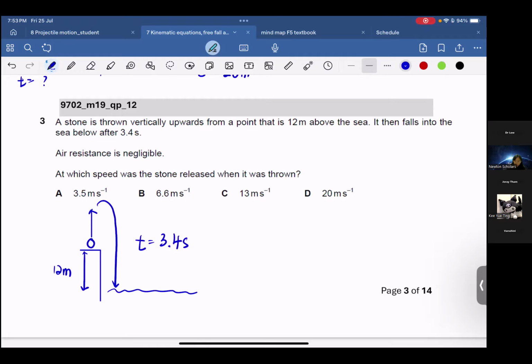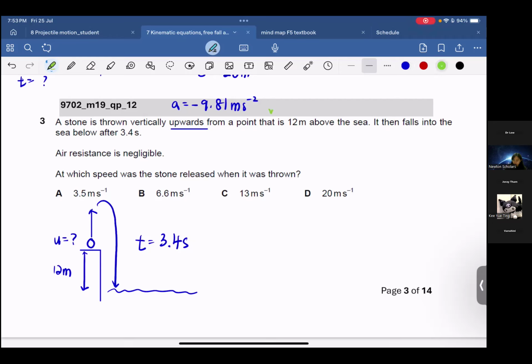Then what is the speed at which the stone was released when it was thrown? Here, they want to know the U, the initial velocity. So what kinds of information do we still have? Because the object is thrown vertically upward, I know that my G or A is negative 9.81 meter per second per second. What other information do we know? We know the time.